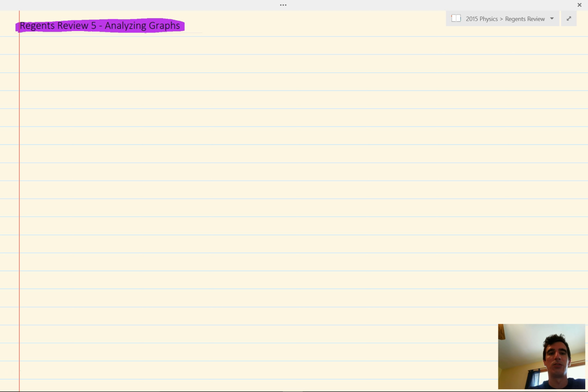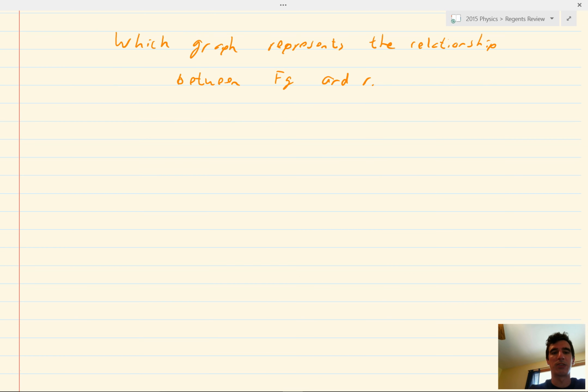Let's say we're asked to determine which graph represents the relationship between FG and R. And we'll be given multiple graphs that have FG as the y-axis and R as the x-axis, where R is the distance between centers.